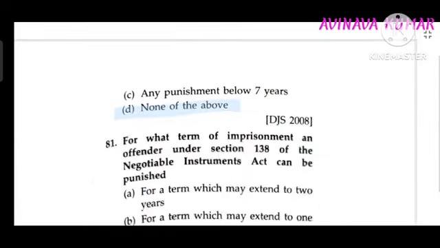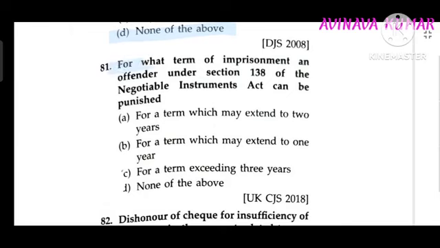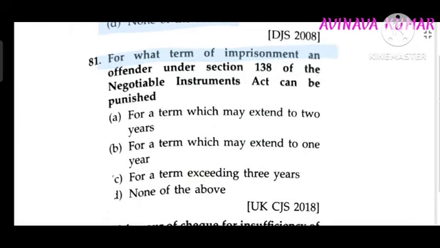None of the above. For what term of imprisonment can an offender under Section 138 of the NIA be punished? For a term which may extend to 2 years.